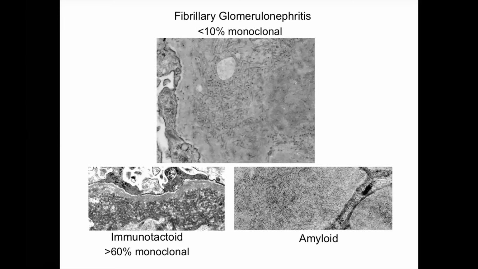Let's start with amyloidosis. Amyloidosis, as you guys know, is basically the deposition of this amorphous kind of material everywhere, anywhere in the body. It can be in the glomeruli, the mesangium, the tubules, or the interstitium.